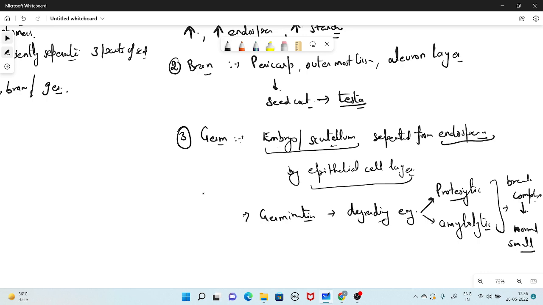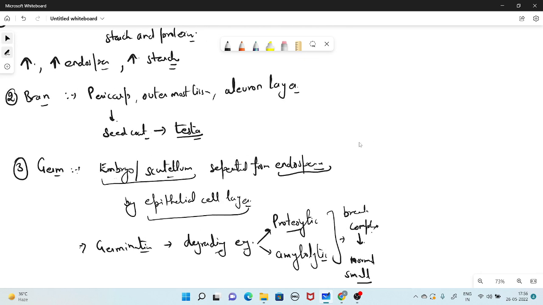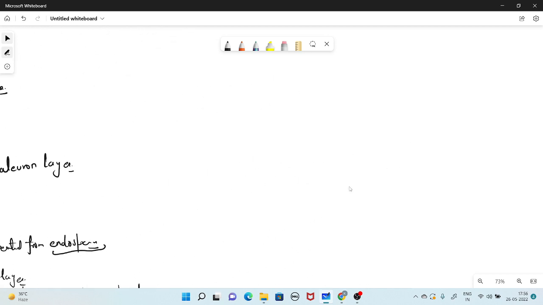Next, if we talk about the quality parameters of the wheat, number one parameter is the moisture. Wheat quality parameters, right? And in this case, number one parameter is the moisture.